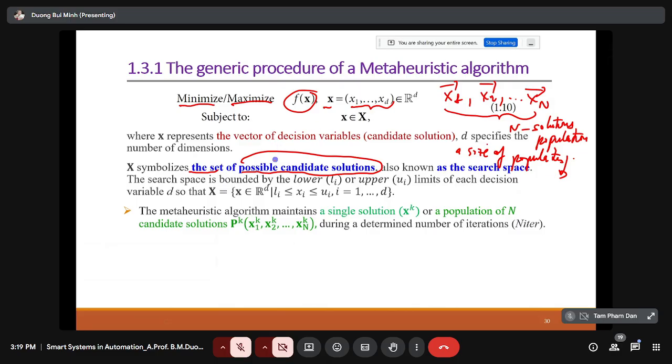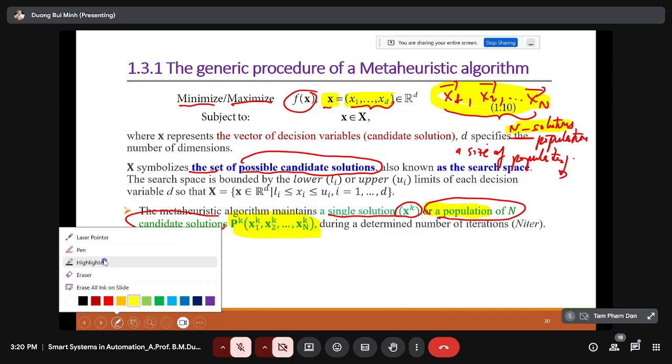So the meta-heuristic algorithms maintain a single solution x_k, or a population of n candidate solutions. This is the population with n solutions. To be careful, every solution has d dimensions, meaning d elements, and every population has n solutions.